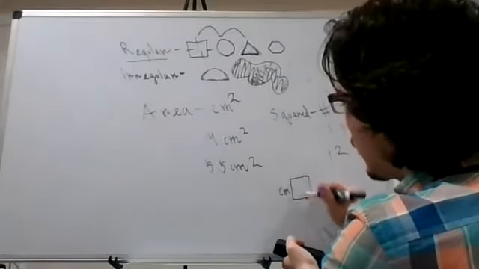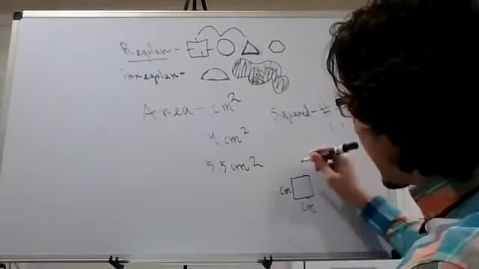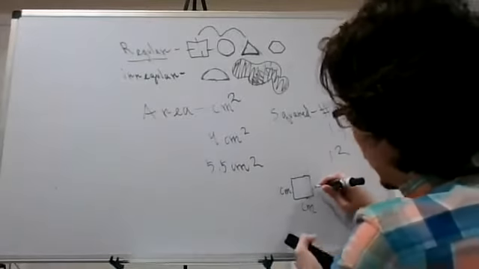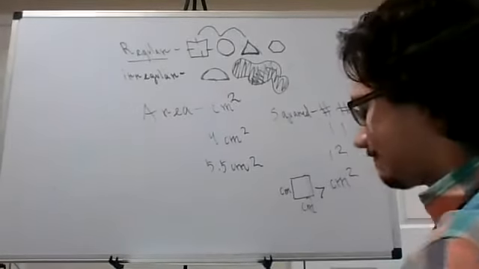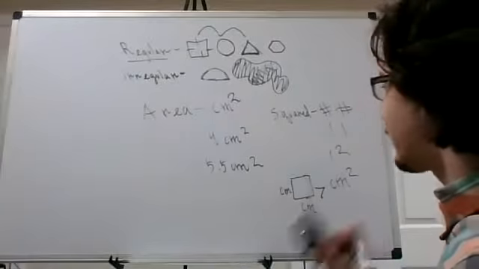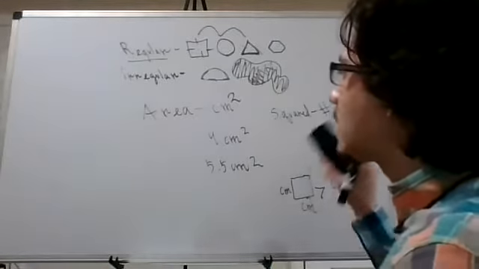So one side would be 1 centimeter and the other side would be another centimeter. So the area of this square centimeter would be a centimeter squared. This is very important because this is how we measure area.